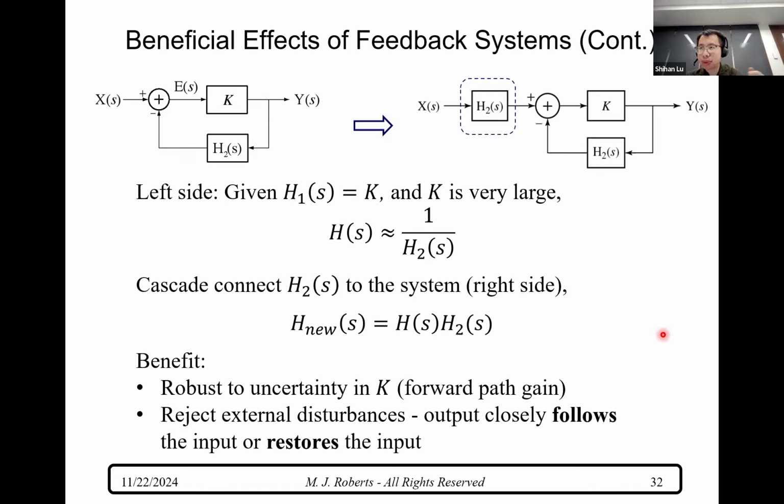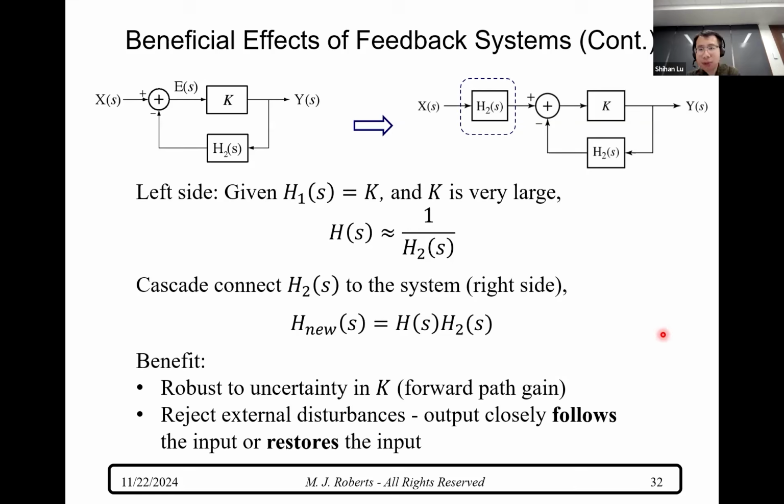EMI is electromagnetic interference, which is everywhere. As long as you are in the physical world, there is EMI which will disturb your system transmission, especially for human speech or voice transmission. It will be very easily affected by that EMI interference.